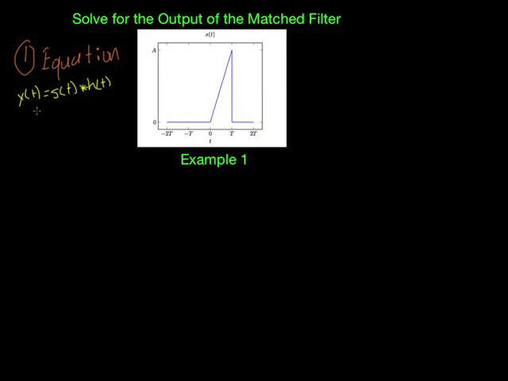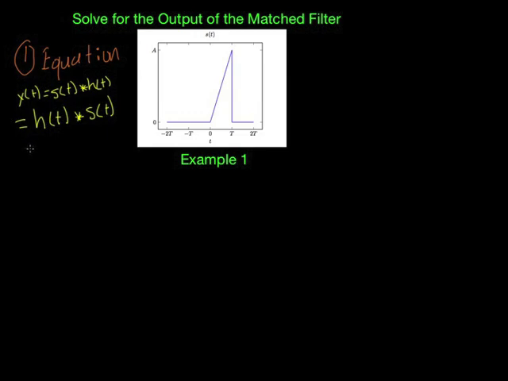To continue with this equation for the output of the matched filter, y of t, one of the properties of convolution is that it's commutative. So that means that y of t can also equal h of t convolved with s of t.